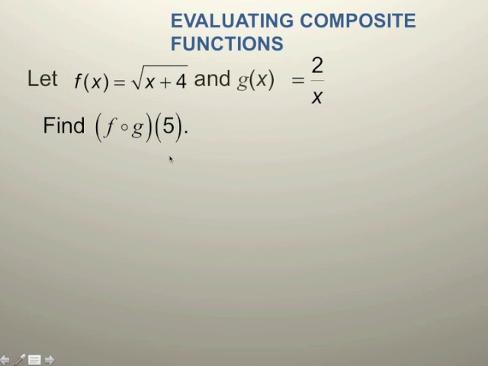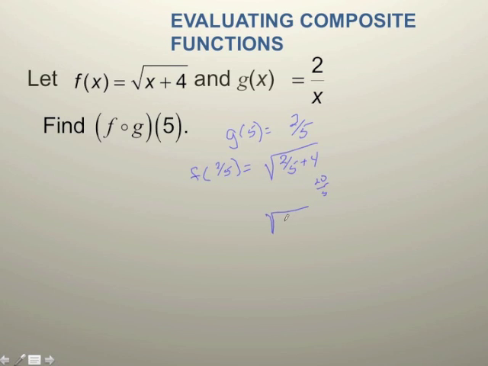Given the same functions, we want to find f of g of 5. So finding g of 5 first, the inside one, is 2/5. Then we'll find f of 2/5, or the square root of 2/5 plus 4. Let's see, 4 would be 20/5.